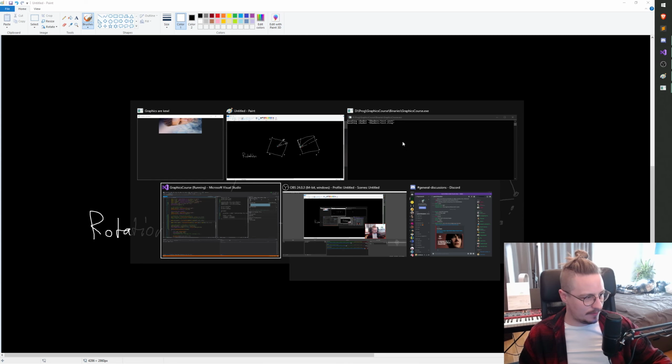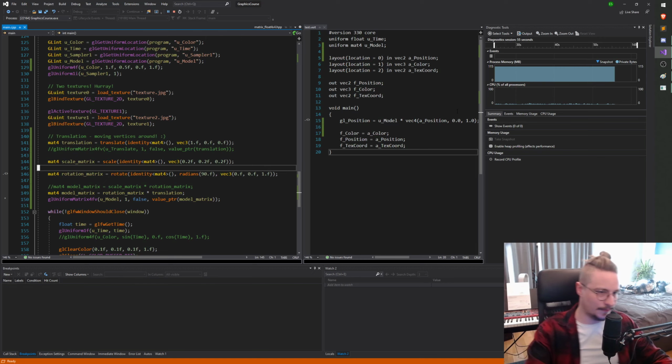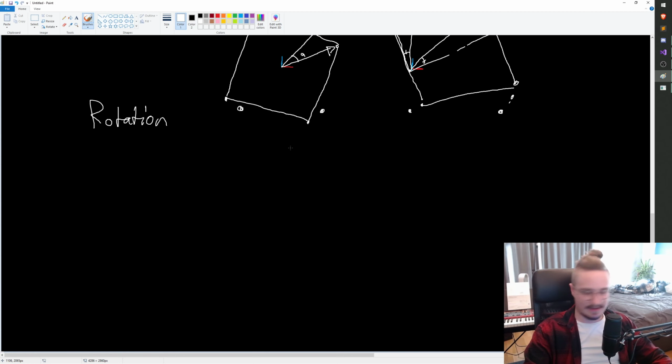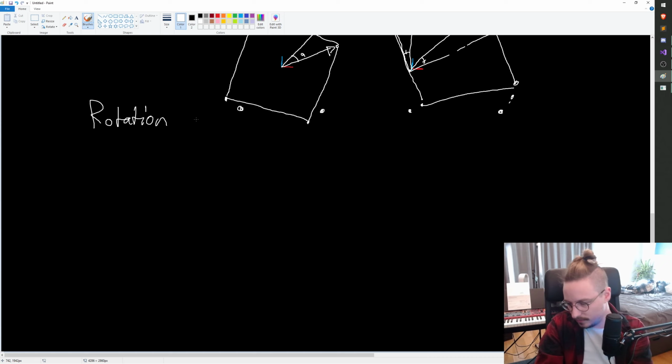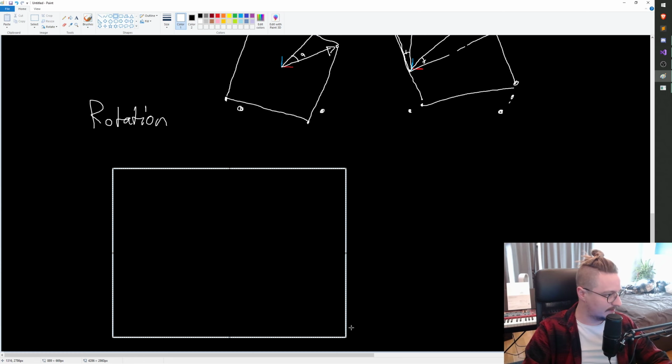Well, think about this. Let's actually do the process in Paint. So here's our NDC square. There's our NDC square, rectangle, and here's our vertices, all right? In the middle somewhere. And the origin is here, right smack dab in the middle. 0, 0, 0.